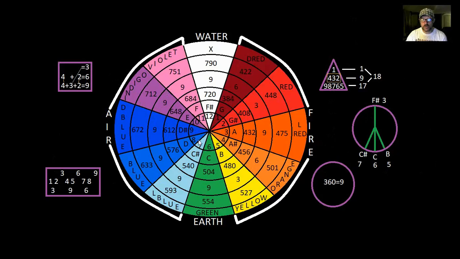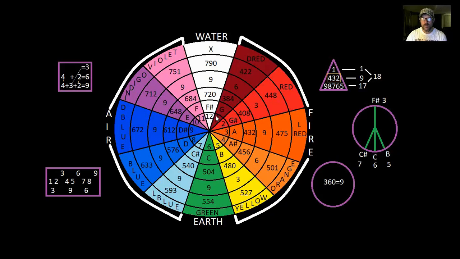So I'm going to explain this first, and then I'll get into these little things here. In the innermost circle, you've got 1 through 12, just like a clock, but it's actually representing the notes in a musical scale. So it's an octave, 1 through 12. Then you've got the actual notes. 1 represents G, 2 G sharp, 3 A, and so on.